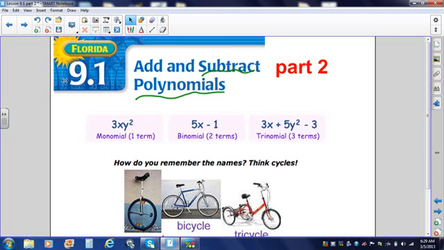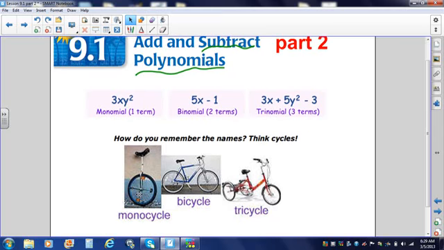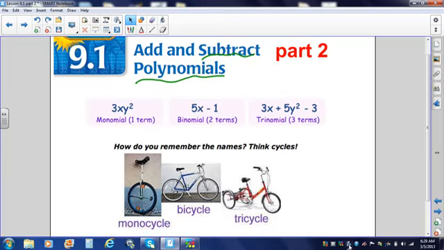Remember, we said if there's one term that's a monomial, like one tire on a monocycle. If there are 2 terms, that's a binomial, like 2 wheels on a bicycle. A trinomial would be 3 terms, or a tricycle.